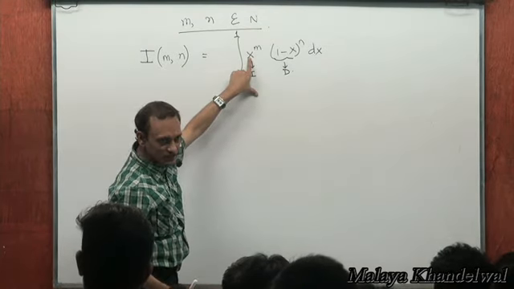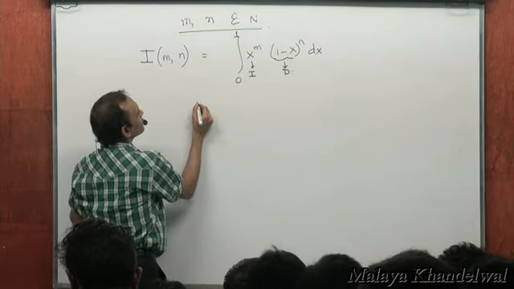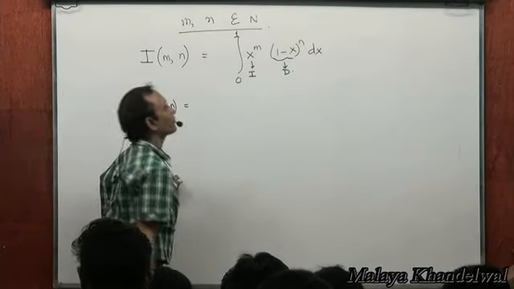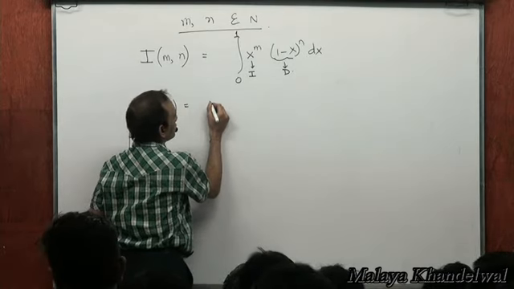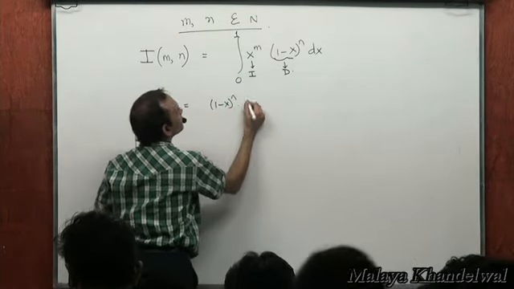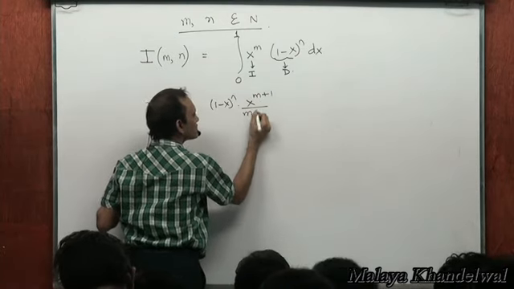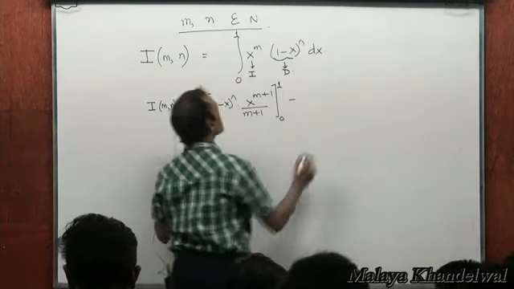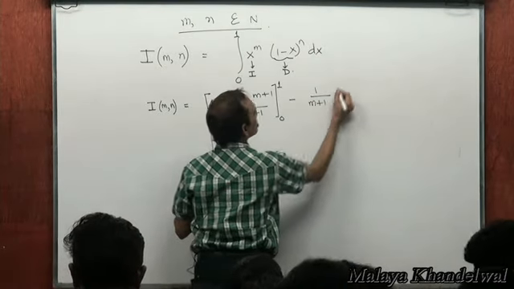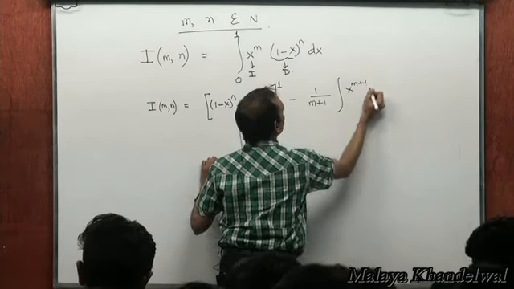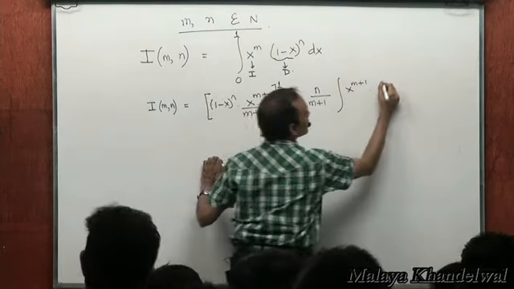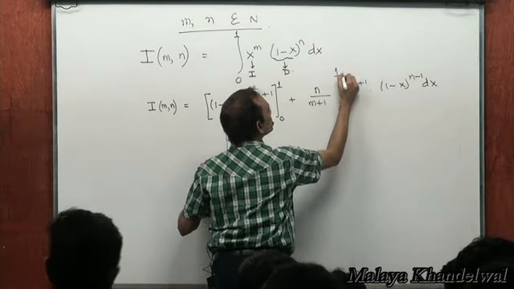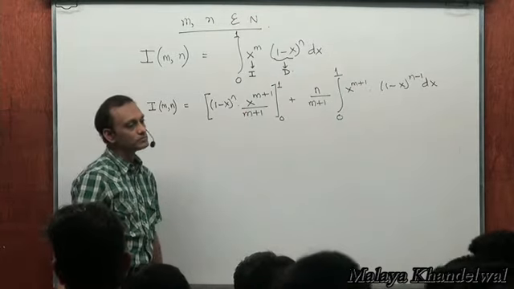First function into the integral of the second function, etc. So I m n is (1 minus x) to the power n times the integral of x to the power m, which is this, with x running from 0 to 1, minus 1 by m plus 1 times the integral of x to the power m plus 1 into the derivative of this with respect to x, chain rule, from 0 to 1.